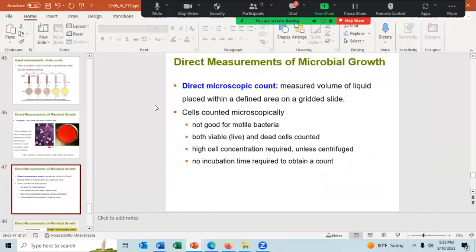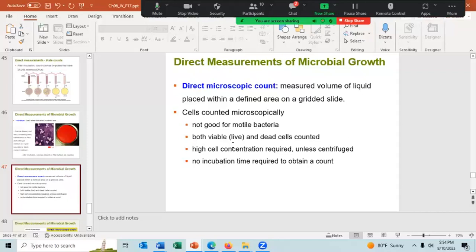You usually use a gridded slide that has a specific volume under it, and then the cells are counted microscopically. It's not good for motile bacteria. I'll explain why in a minute. It does count both viable live cells and dead cells.